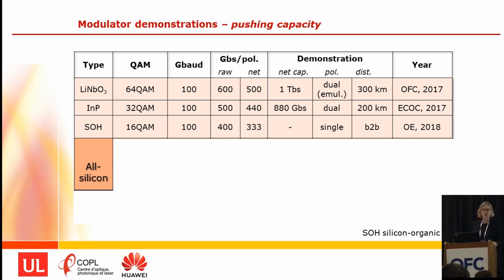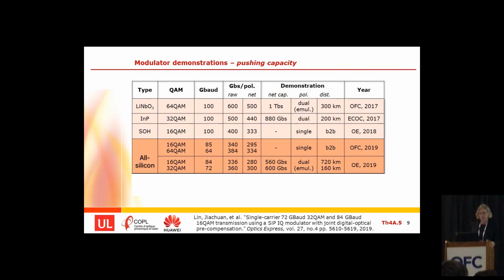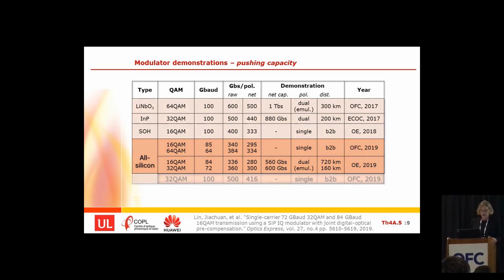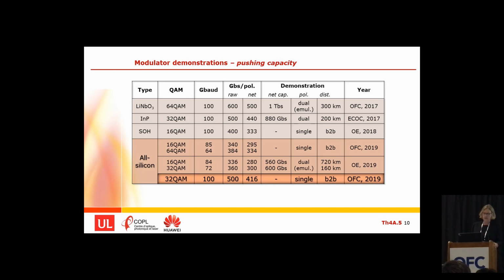If we look at demonstrations where all silicon modulators were used, we've seen demonstrations up to 85 gigabaud and various modulation formats, but they still have not reached a raw 400 gigabits per polarization. So what I'll be discussing today are our results where we transmit at 100 gigabaud at 32 QAM, giving us a raw 500 gigabits per second per polarization.